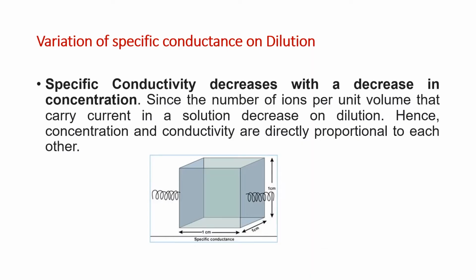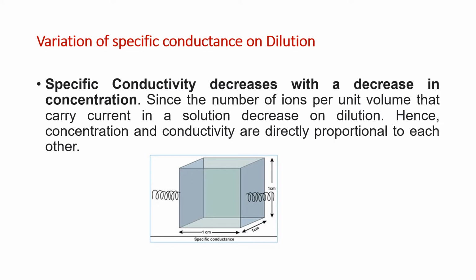Then the variation of specific conductance on dilution. Specific conductance is the conductance offered by 1 centimeter cube of the solution, with area 1 centimeter square and length 1 centimeter. Since the number of ions per unit volume decreases on dilution, what happens when we dilute?